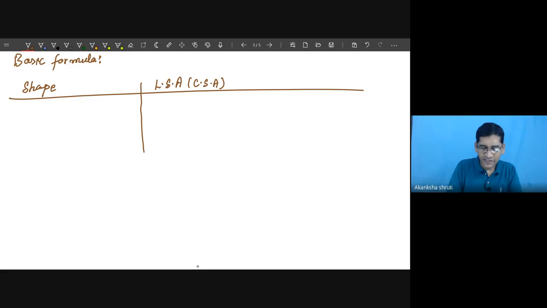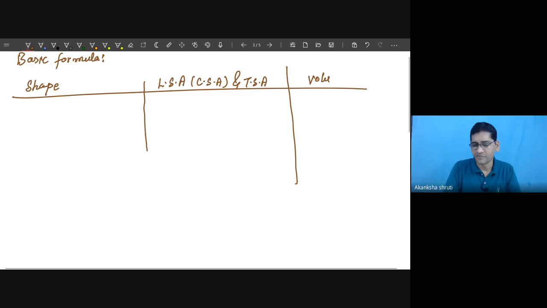Then we will also write the total surface area. Then we will write the volume occupied. These are the three things that we are going to write for each shape. And by connecting these basic shapes and basic formulas, we can get the surface area and volume of the connected object or connected shape.